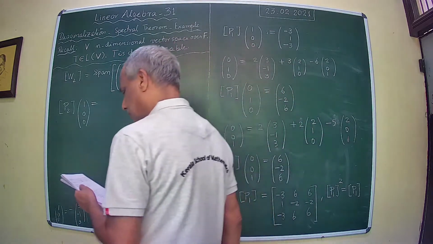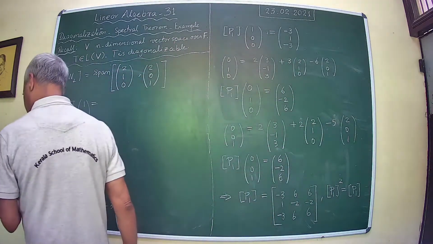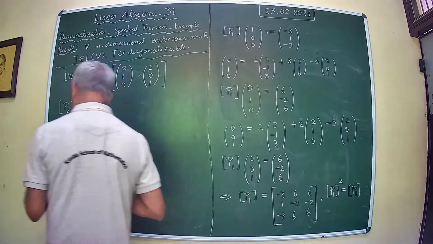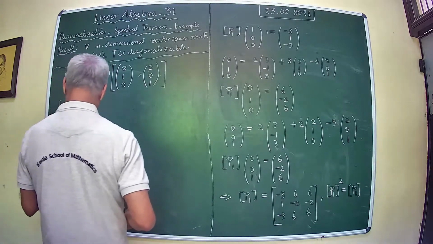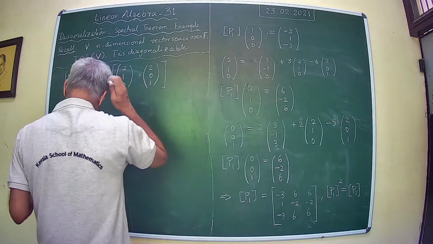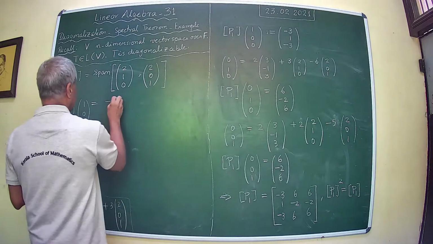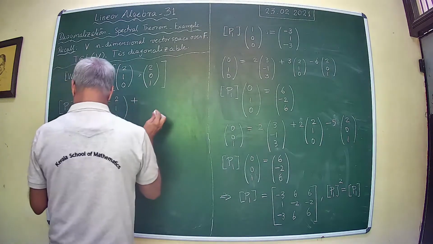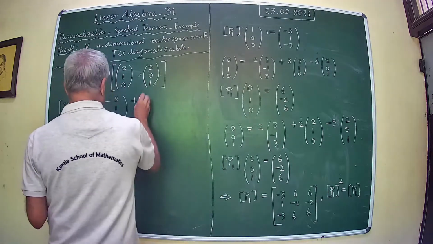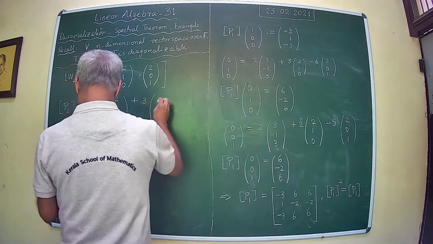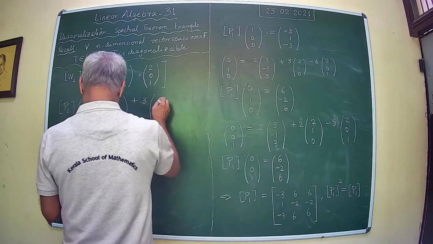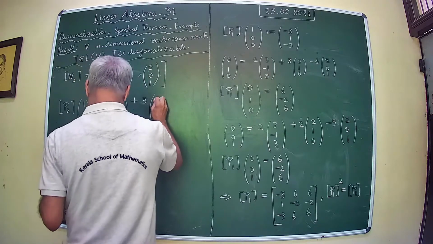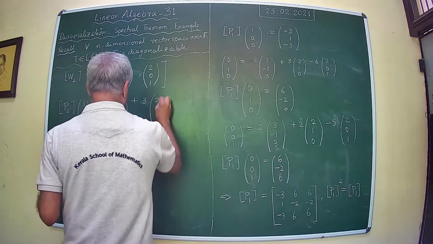Therefore, this is equal to minus 2, 1, 0 plus 3 times 2, 0, 1.